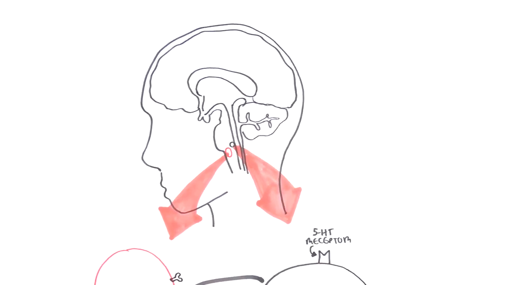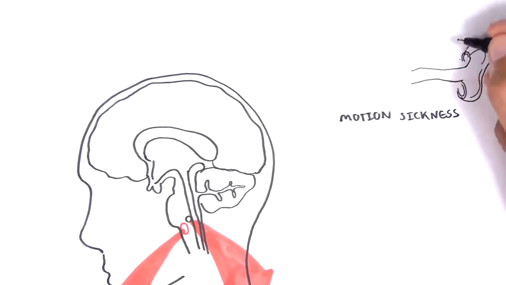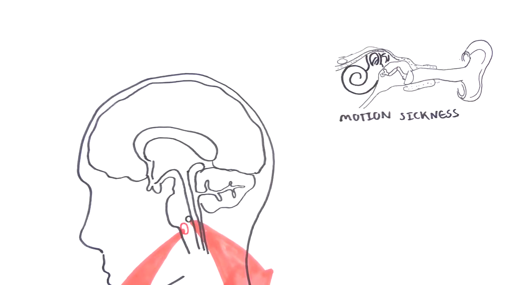Motion sickness is a very common thing people experience, and the cause of motion sickness actually comes from the inner ear, a bony structure called the labyrinth. The labyrinth is made up of many areas, one of which is called the vestibule, a structure important for balance in space.